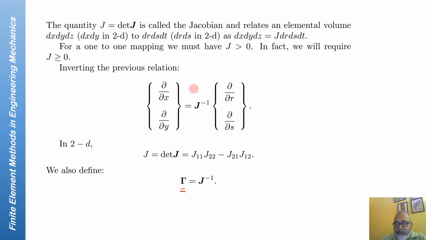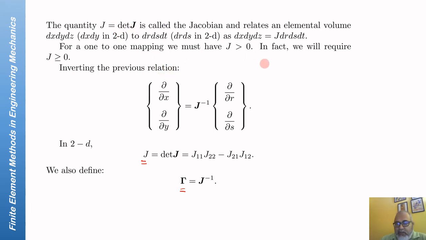In 2 dimensions, the determinant of J will be given by J11 J22 minus J12 J21, and we will call the determinant of J just J. Now, this determinant has a physical meaning which you might already know.